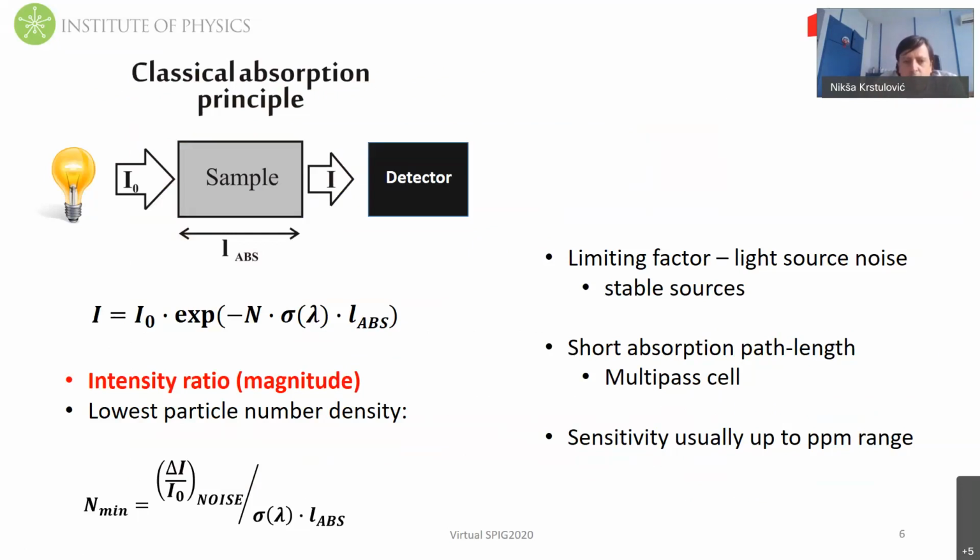This is a very limiting factor because the lowest particle number density depends on the difference in intensities, which is affected by noise. Another limiting factor is the relatively short absorption path length, which can be partly overcome by a multipass cell. And if you have a very stable source, at the end of the day, the sensitivity can reach the ppm range, not more.